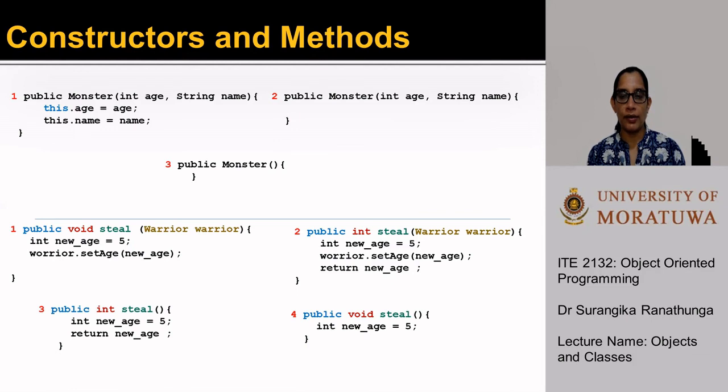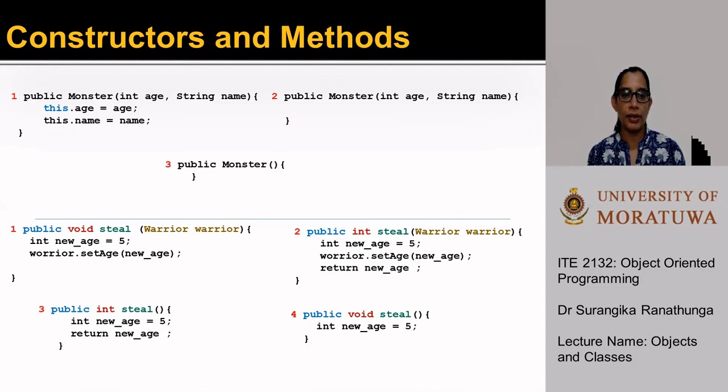In the second one, it looks the same, but rather than being a void return type, this method returns an integer value. So when the method signature says it returns an integer value, from the method body you must return an integer, otherwise you will get an error.